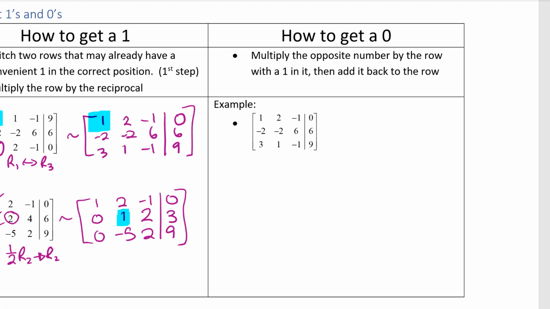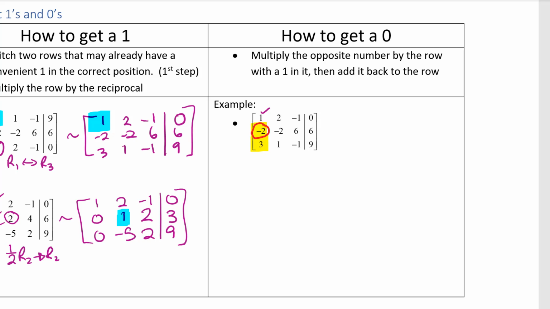To get zeros, I need to use the third row operation, multiply the opposite number by the row with a 1 in it, and then add it back to the row. So I want to get a 0 below the 1. I already have a 1, which is great, okay, but I want to get zeros below it. So I need to get this -2 to become a 0.